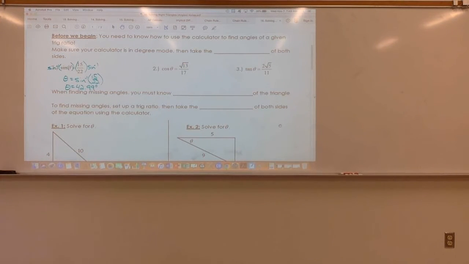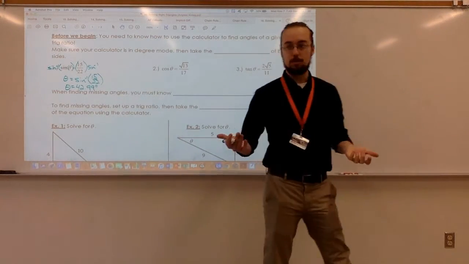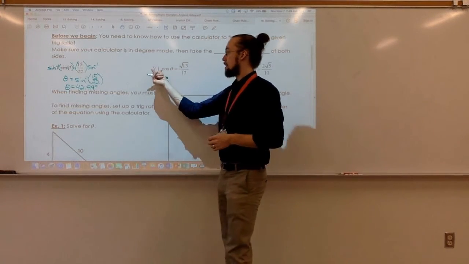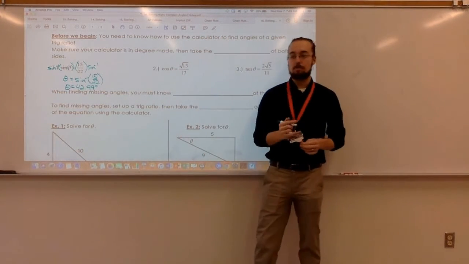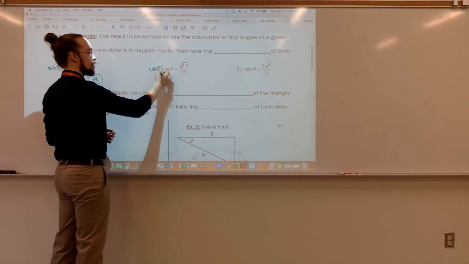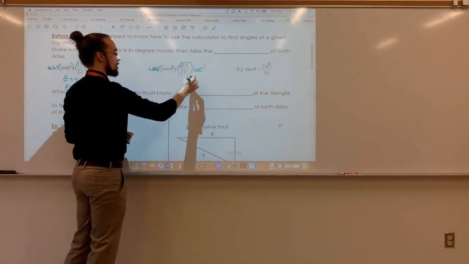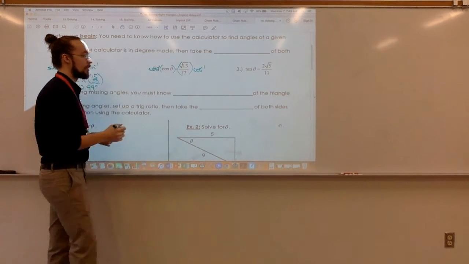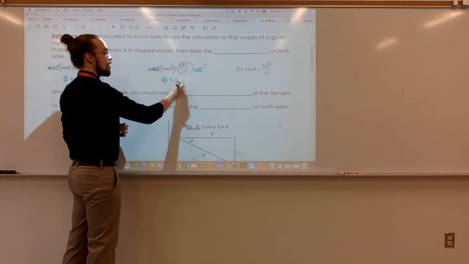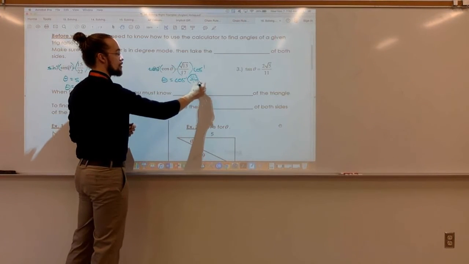Same idea is going to happen for numbers 2 and 3 here. To get theta by itself, I want to take the inverse cosine of both sides here. So, taking the inverse cosine of this side and the inverse cosine of this side. When I do that, cosine and inverse cosine cancel out, and we just get theta equals the inverse cosine of the square root of 13 over 17.